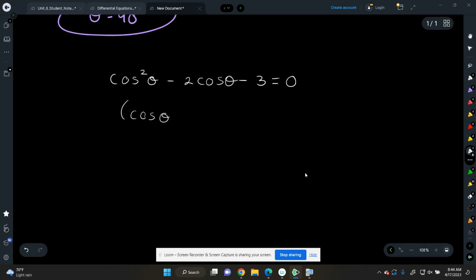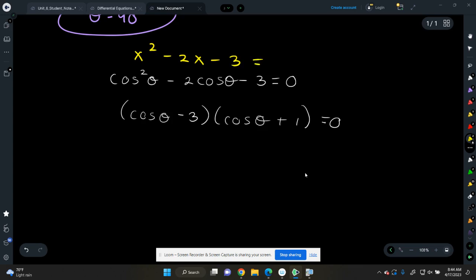We're factoring it just like if it was x squared minus 2x minus 3 equals 0. We're factoring it the same way. That would factor as x minus 3, x plus 1. Now we use the zero product rule, and we're going to separate them.